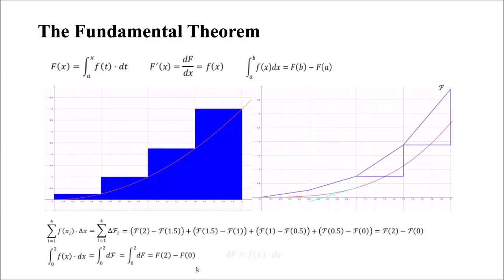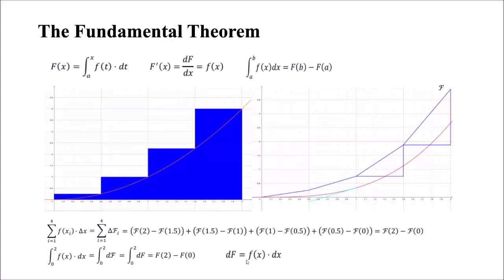Or from another view, as x changes by infinitesimal dx, the area on the left changes by an infinitesimal amount f(x) times dx. The function big F on the right changes by infinitesimal dF, which is the same magnitude.